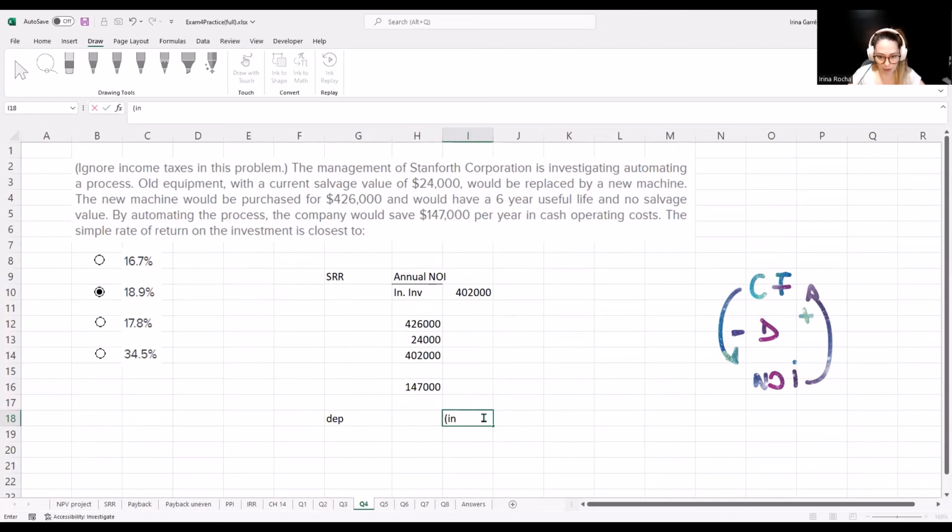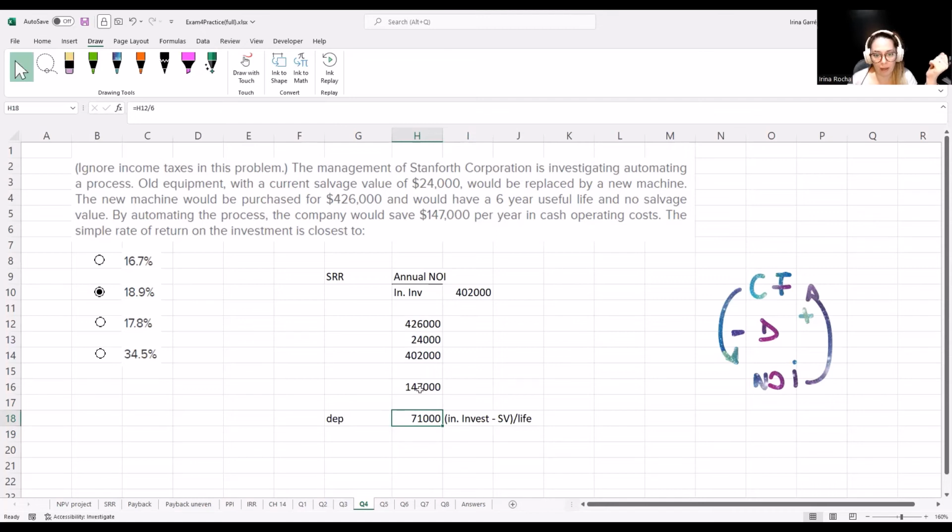Depreciation should be my initial investment minus salvage value, if there is any, divided by the useful life of the machine, right? So let's say the machine cost this. I have no salvage value, so I just have to divide it by 6 years. This is my yearly depreciation.